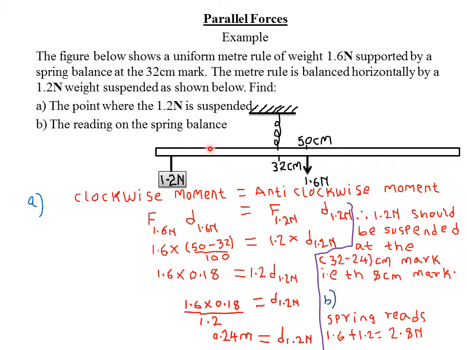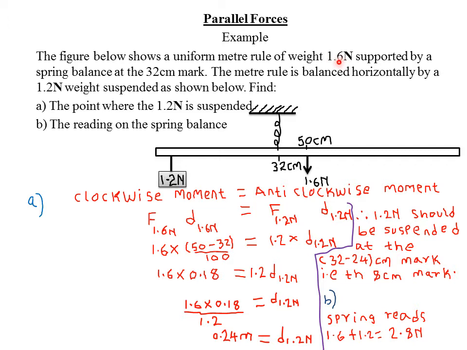To sketch our diagram, we are told that the figure shows a uniform meter rule. A meter rule is called a meter rule because its total length is 1 meter, which is equivalent to 100 centimeters. The meter rule has a weight of 1.6 Newton. Remember, the weight of a body will always act at its center of gravity or geometric center.